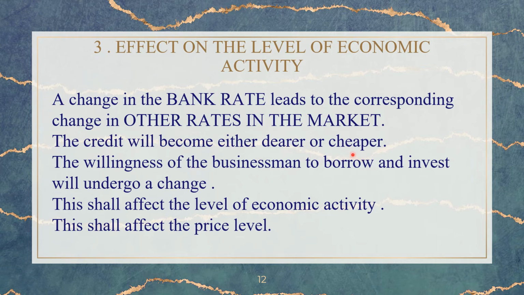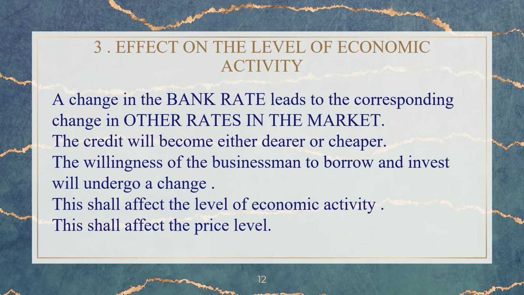The willingness of the businessman to borrow and invest will also undergo a change. If the rates are high, businessmen will not borrow and will not invest. If the rates are low, credit is available at a cheaper cost, and businessmen will borrow more and invest more. This will affect the level of economic activity either this way or that, and that will also affect the price level.